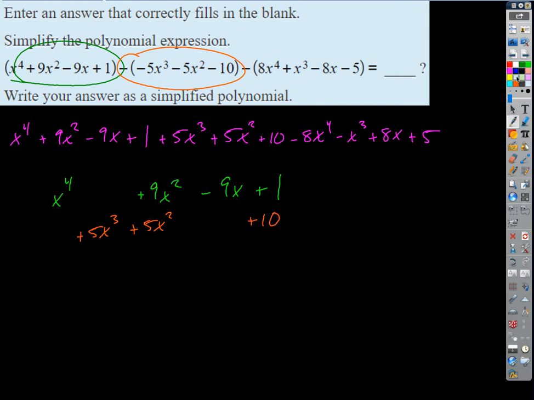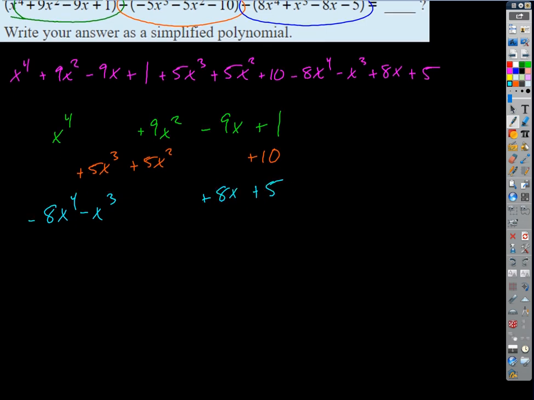If we distribute the negative there, I'm going to get a minus 8x to the 4th minus x cubed. Skip over to the x's and get a plus 8x plus 5.